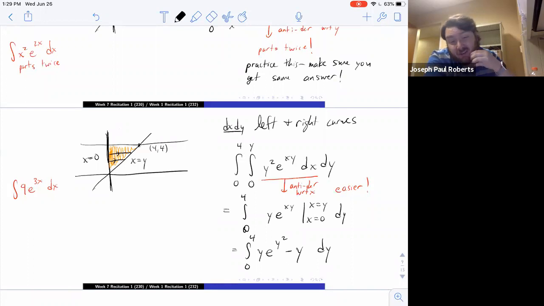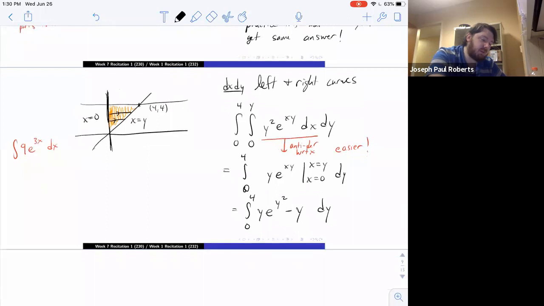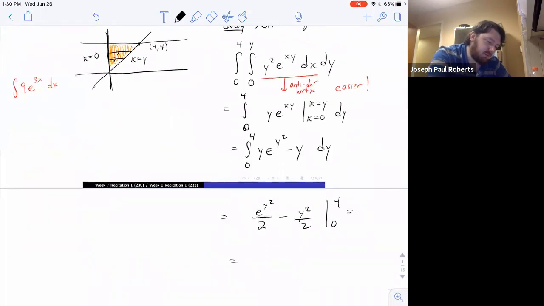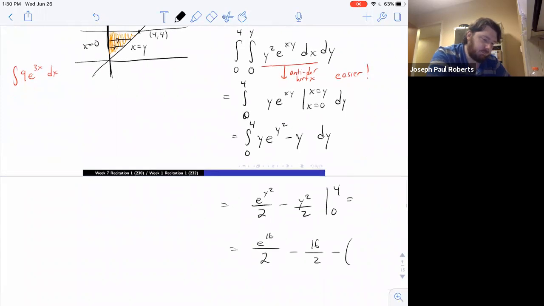And then it turns out you don't actually need integration by parts for this. You just do a substitution on that first term, u equals y squared, and then get that. And so it looks like we get what? e to the 16th over 2 minus 16 over 2 minus 1/2 minus 0, right? Because e to the 0 is 1, be careful.